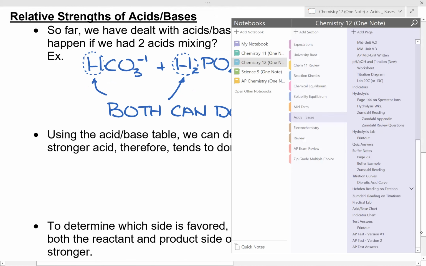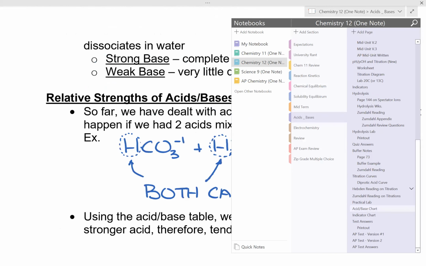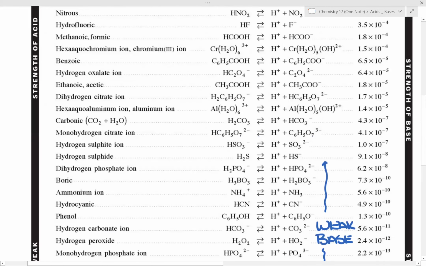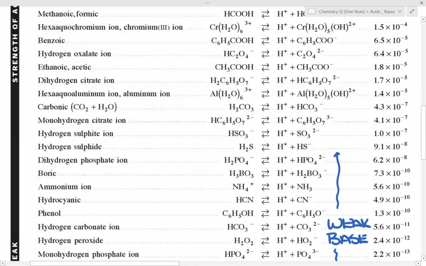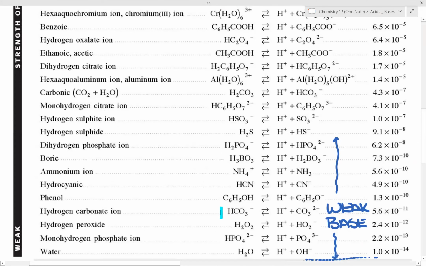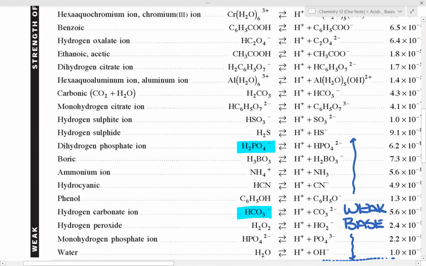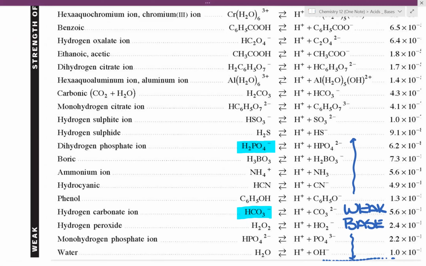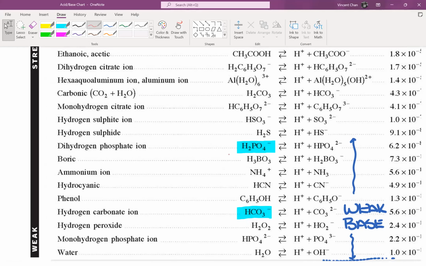If you took a look at the acid-base chart, you look for HCO3, which is right here on the acid side, and we have H2PO4. Now, both are on the acid side. So what you can do is a comparison. Which one is the stronger acid?